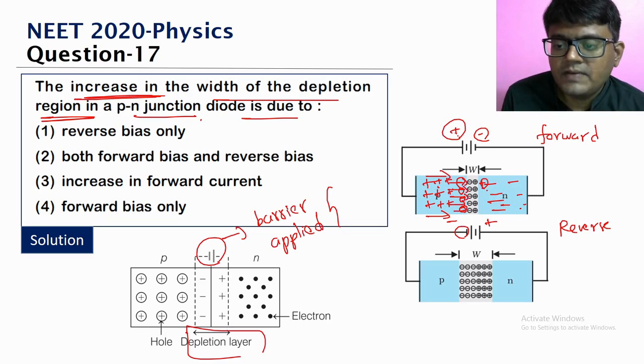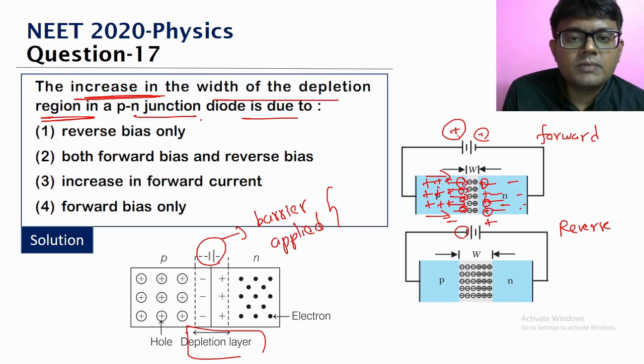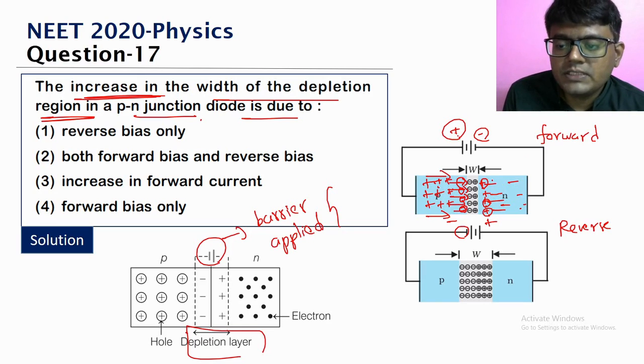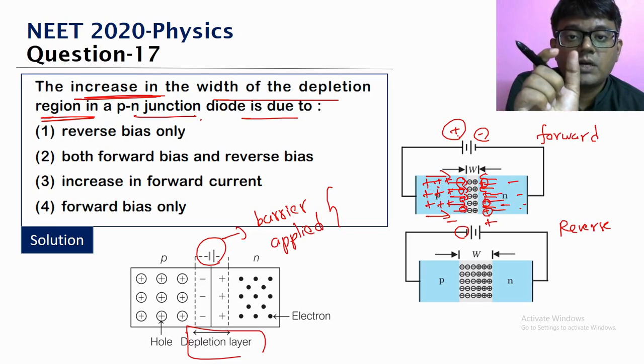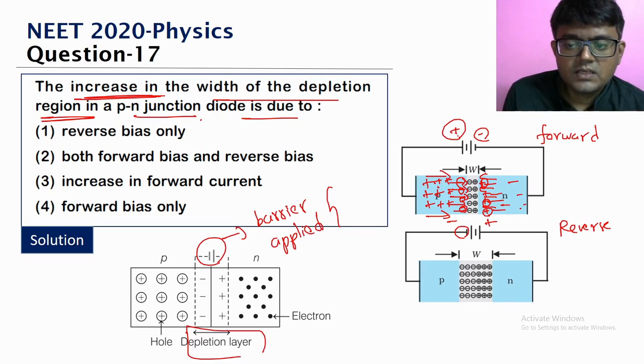Similarly here also, if previously, let us say the positive charge is up to here, the negative terminal of the battery will push away the electrons, means the electrons will start moving this side. As a result, what is going to happen? They will occupy the positions of the previously positive places, means there will be nullification. So some amount of the depletion zone will be nullified in terms of the charge, because the positive terminal will repel the P side holes, negative terminal will repel the N side electrons. That is the reason why we see that the depletion zone is decreasing in terms of thickness.